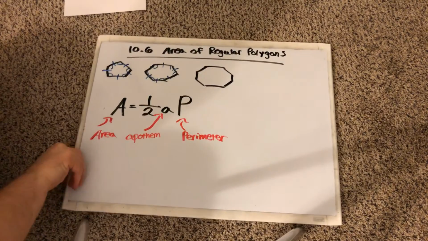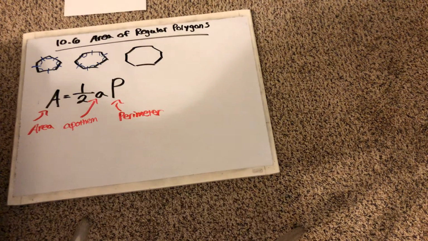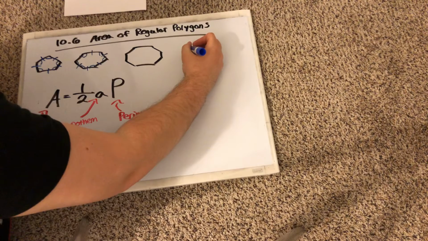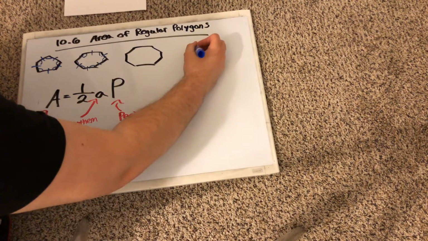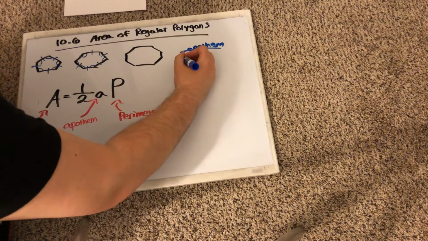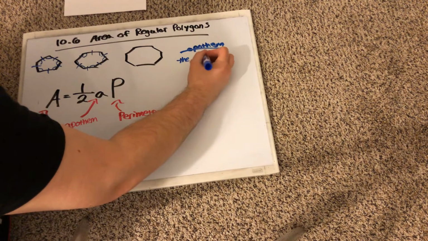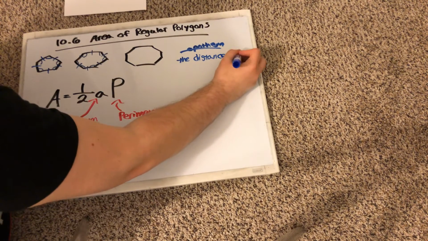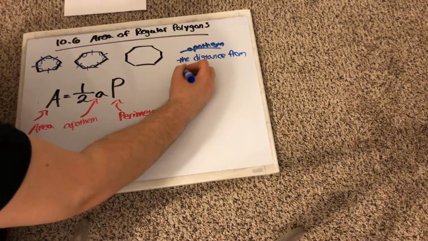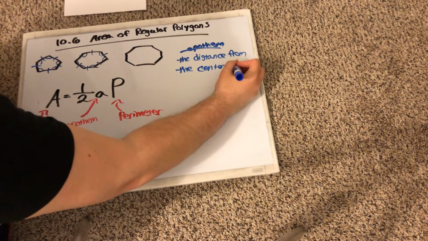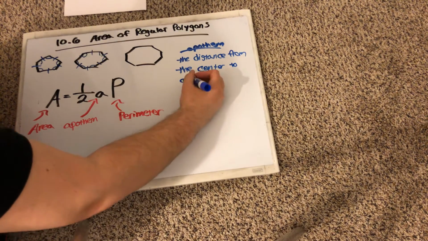And let's actually define what an apothem is. An apothem is the distance from the center to any side of the polygon.